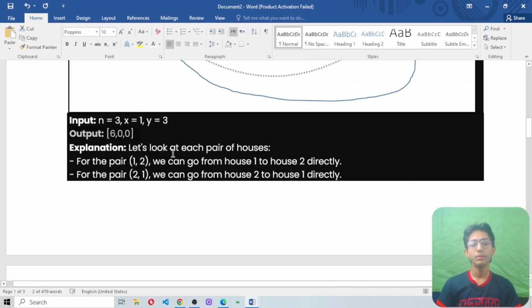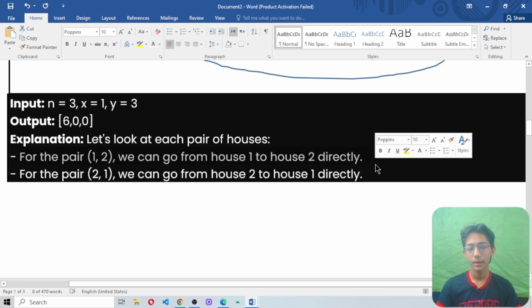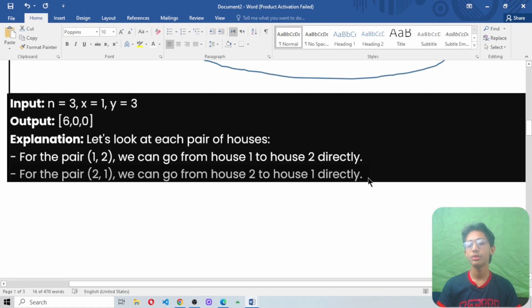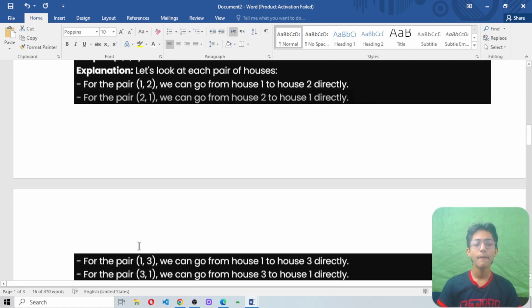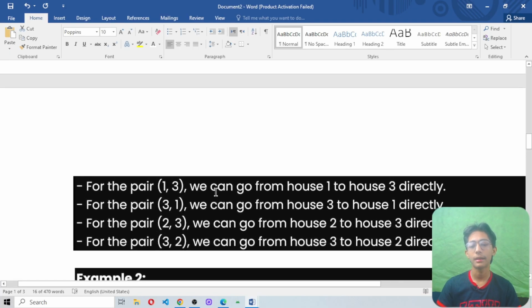Let me explain. Let's look at each pair of houses. First, for the pair 1, 2, we can go from house 1 to house 2 directly. Number 2, for the pair 2, 1, we can go from house 2 to house 1 directly. Number 3, for the pair 1, 3, we can go from house 1 to house 3 directly.